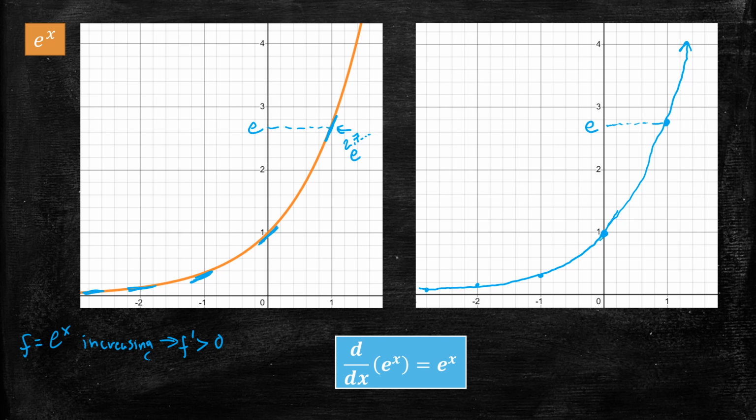It's the only function whose derivative is itself. If it were 2 to the x or 10 to the x, the shape would look familiar, it would resemble the parent function, but there would be a slight adjustment. So the derivative of 2 to the x is close to 2 to the x, but not quite. But e to the x is that special function whose derivative is itself.